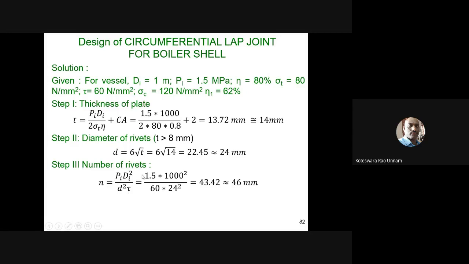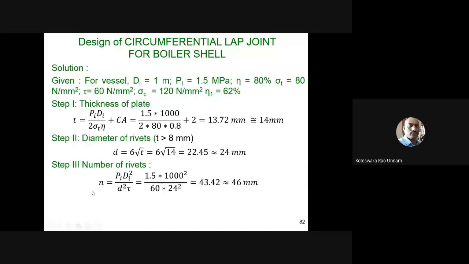In this we know everything, so I'll just substitute these values into that expression. d, which we just calculated, is 24. Then I'll get n equal to 43.42. I can't have a fractional number of rivets, and generally we want to choose an even number of rivets.